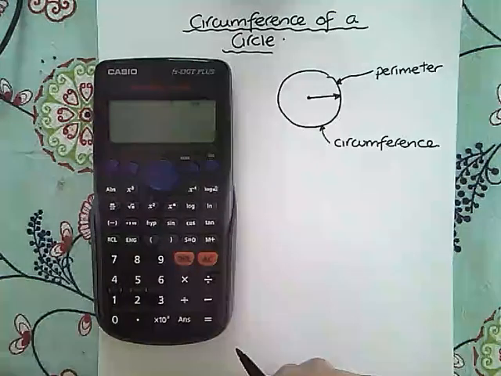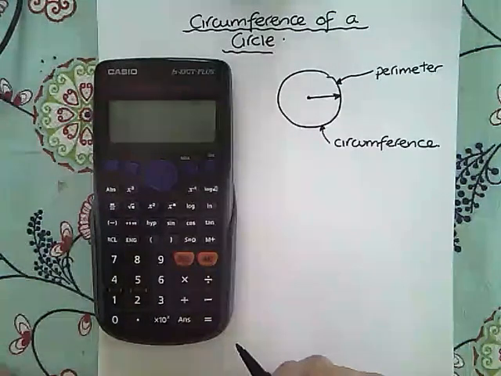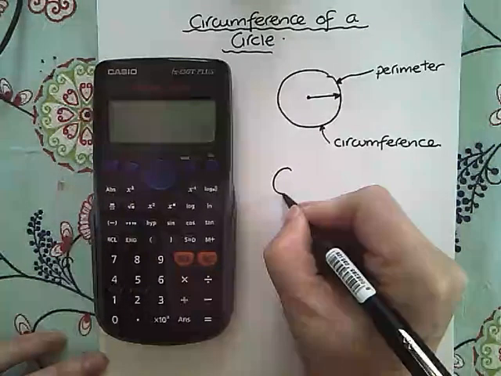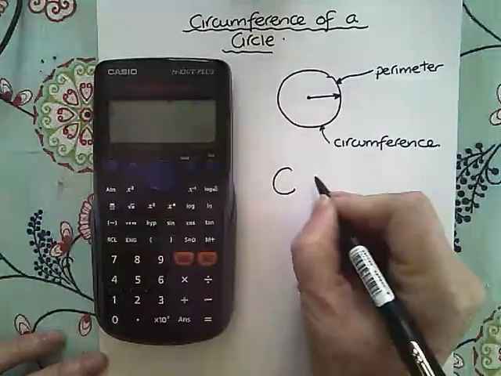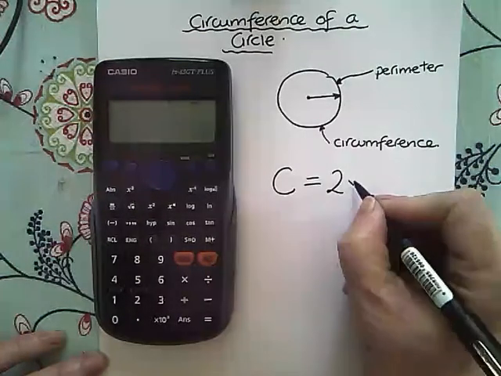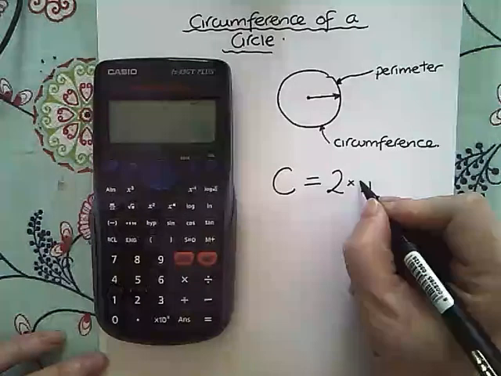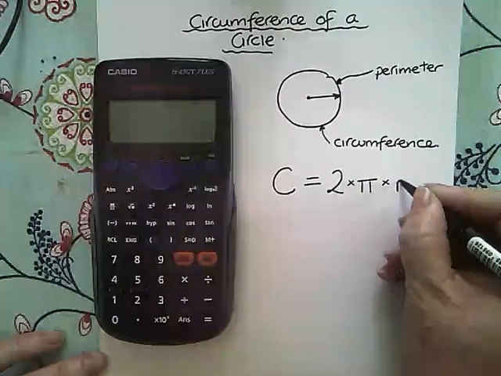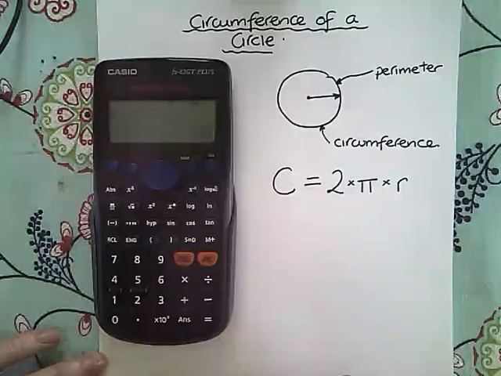And we have a formula for finding the circumference of a circle, and the formula is the circumference is equal to 2 times pi, which is a special number, and I'll talk about that in a minute, times r, the radius.